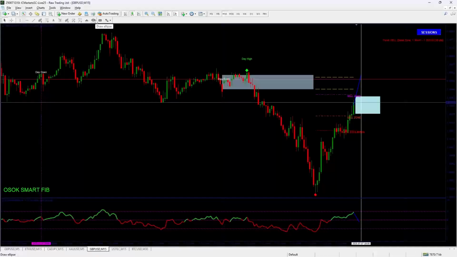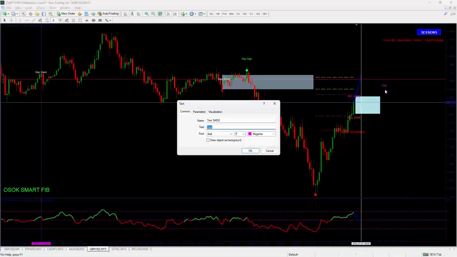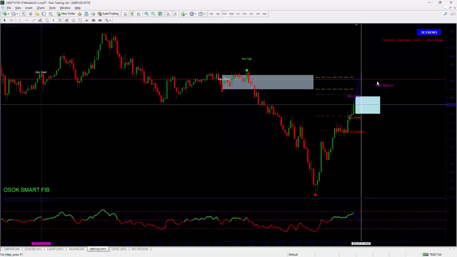One, you need to allow this zone here. So let's just say within buy zones, I mean sell zones. So I'll say buy zones or sell zones. So it's within sell zones. Sell zone number 1.